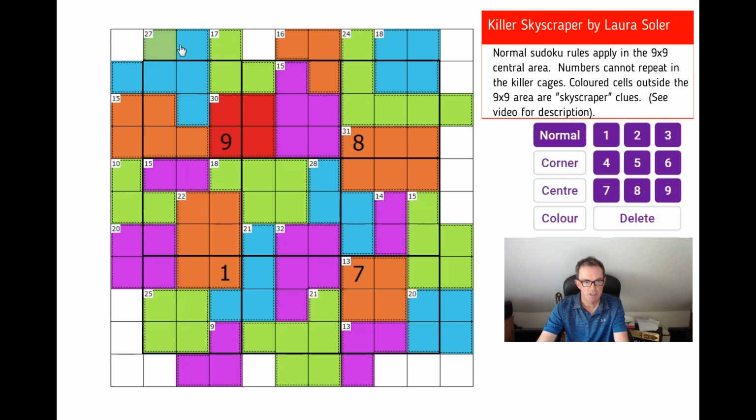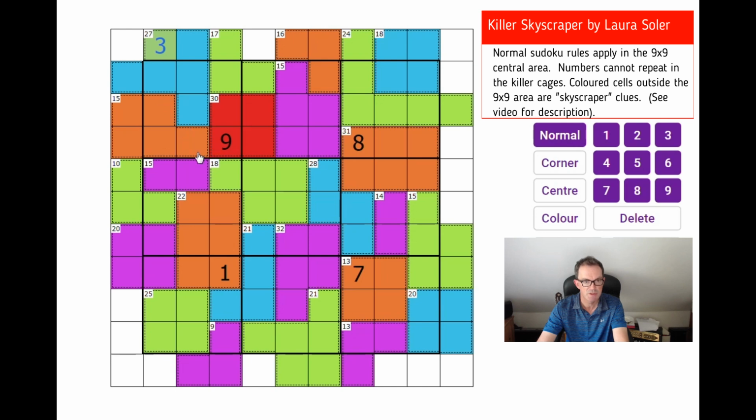Any cells outside the grid that are coloured obey skyscraper rules. If you want a refresher, I'll put a link to a video we did the other day. But if, for example, this square was a 3, that would mean that this cell here could only see 3 buildings, imagining that all of the numbers from 1 to 9 are buildings of different heights.